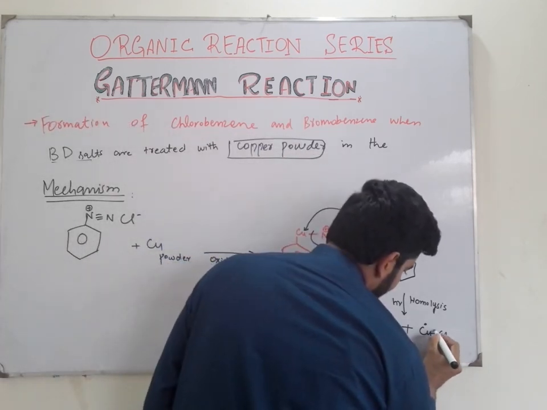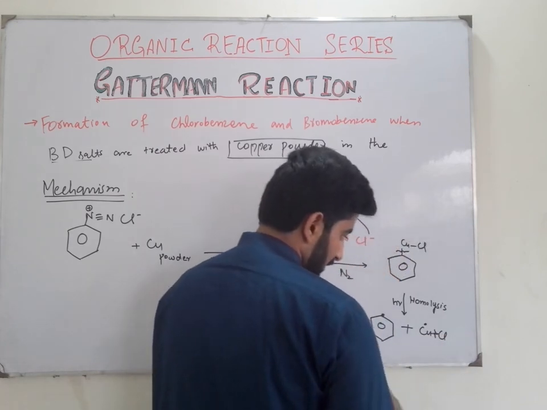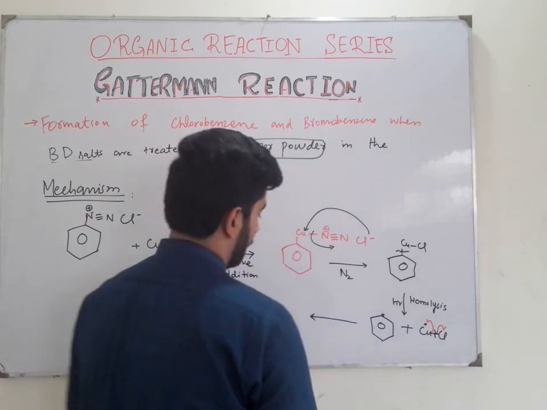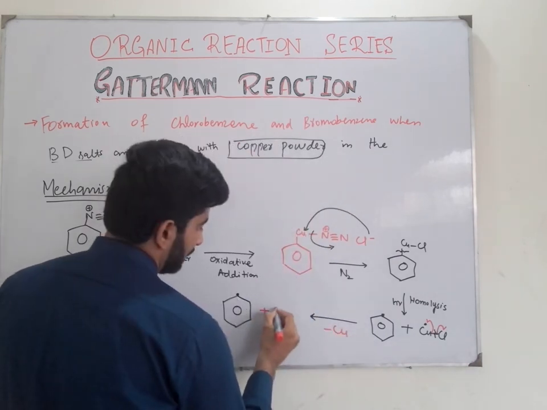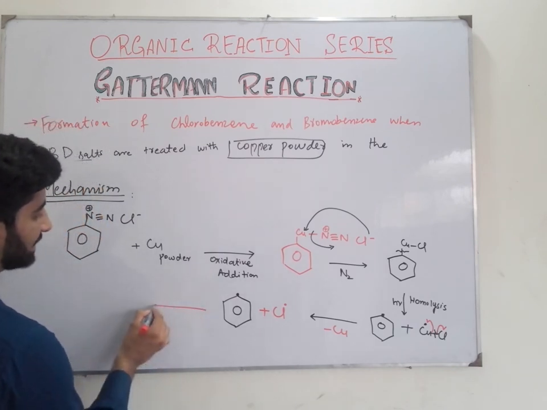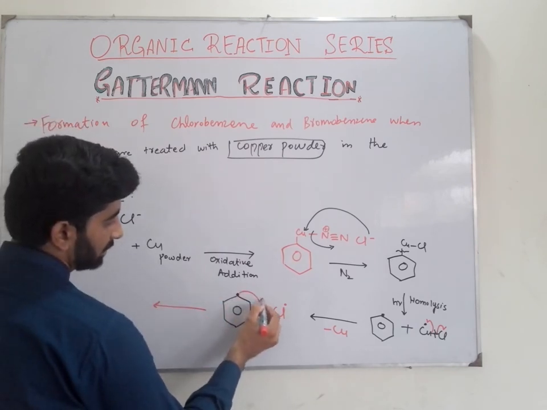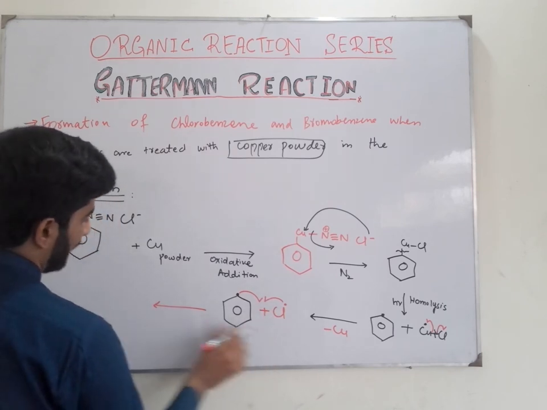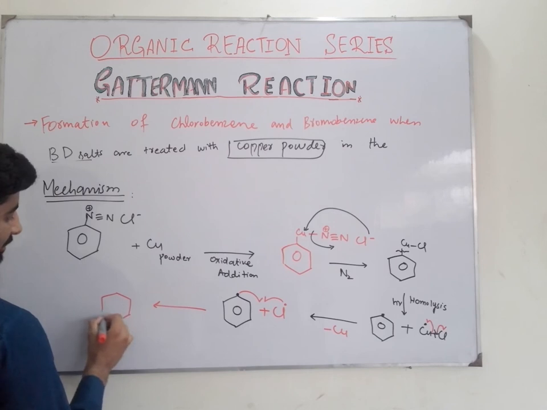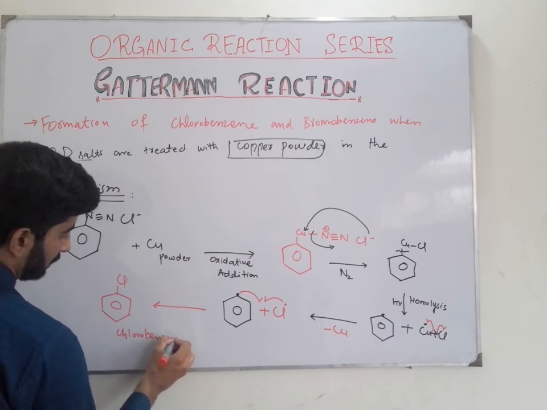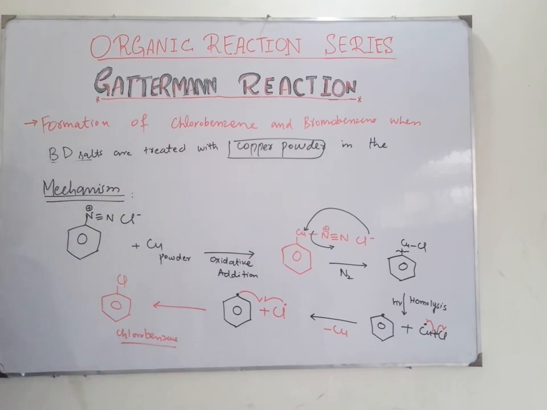Again homolysis takes place, and there is a chlorine free radical. In the next step, these two free radicals react with each other, and chlorobenzene is formed.